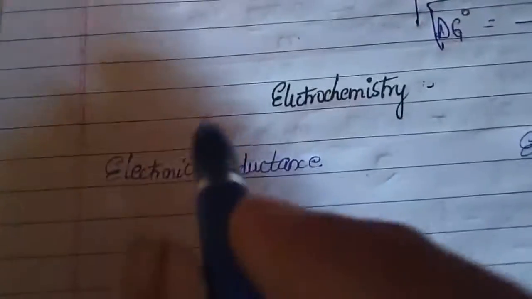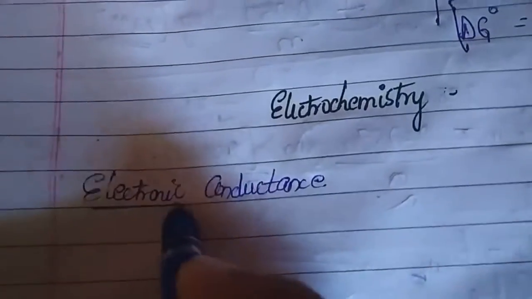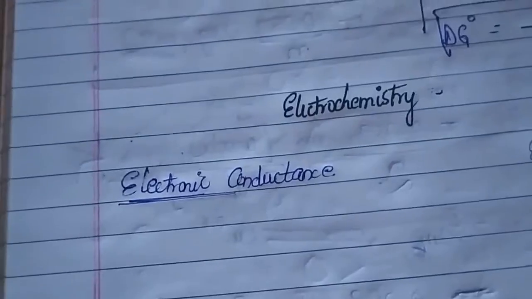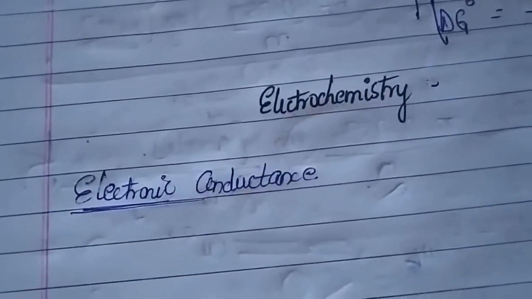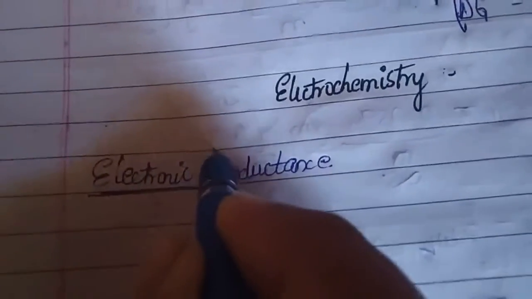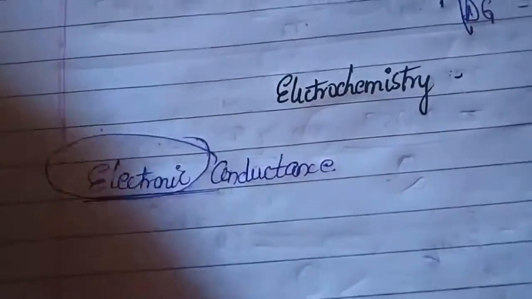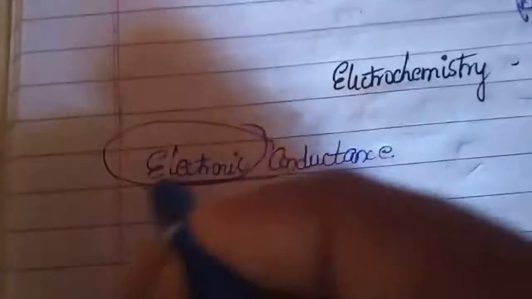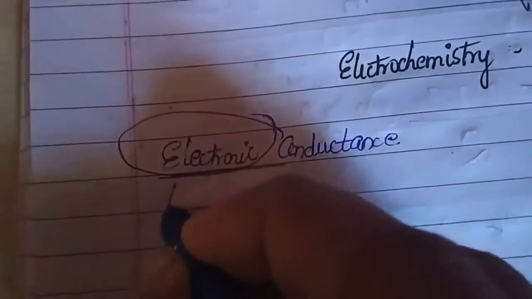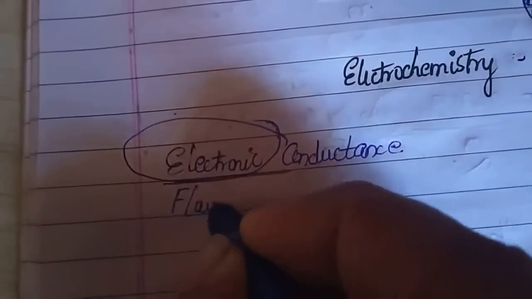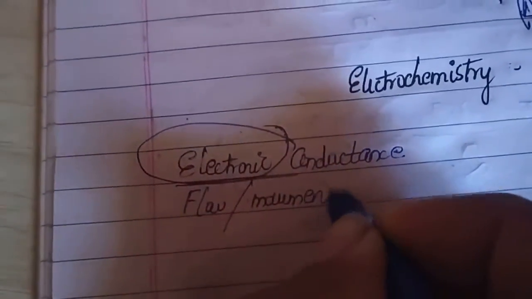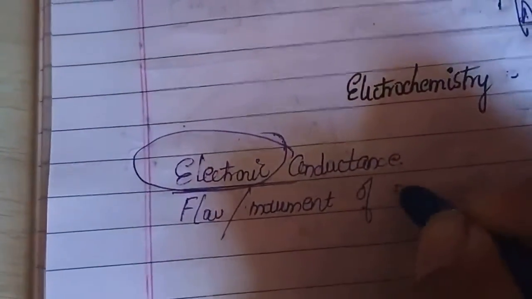As the name indicates, it is an electronic conductance. We know that conductance means charges have to move. When it is electronic conductance, mark my words, this is the conductance which is observed by the flow or movement of electrons.